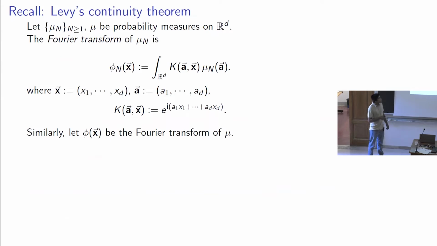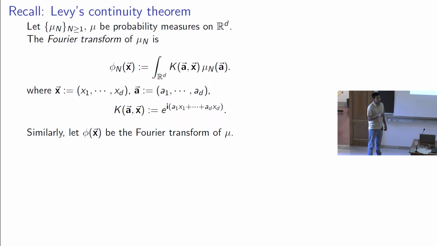So the first main theorem, you can think about it as a generalization of Levy's continuity theorem. Okay, so let me remind you what Levy's continuity theorem is. You have a sequence of probability measures, mu n, and another probability measure mu, okay? So for each probability measure, you can associate this Fourier transform, which is just a function on, let's say that the probability measures are on R to the D, okay?